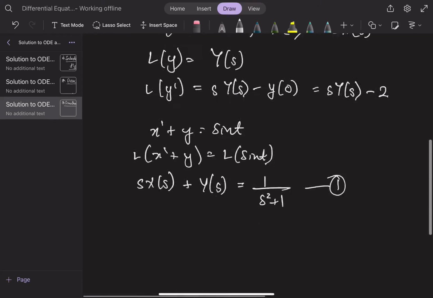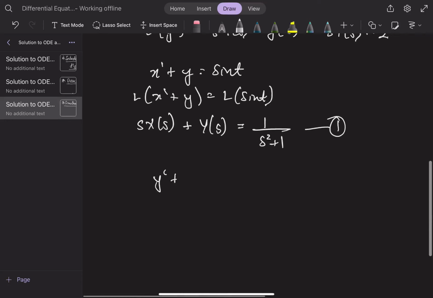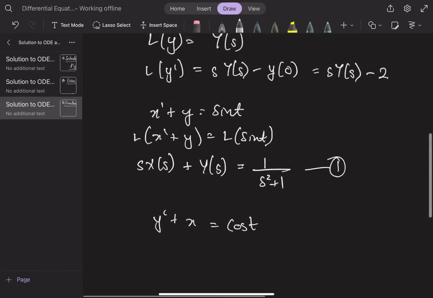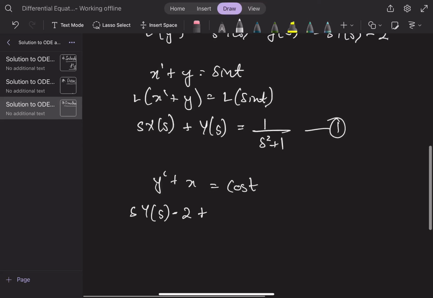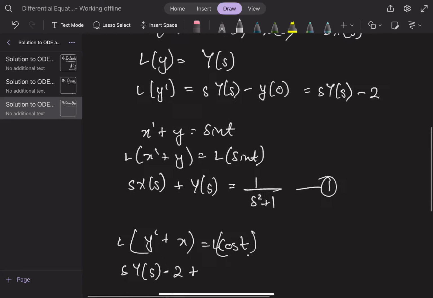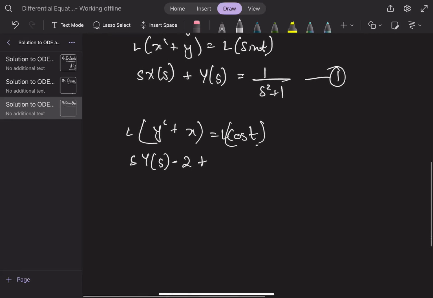Your second equation is y' plus x is equal to cos t. So your y' is sY(s) minus 2, plus, we're taking Laplace on both sides, plus Laplace of x is X(s), is equal to s upon s square plus 1.